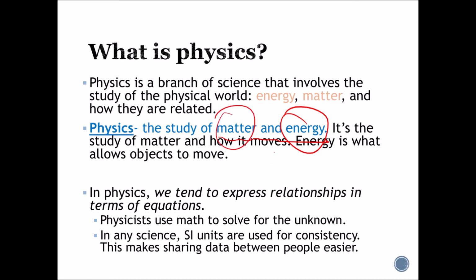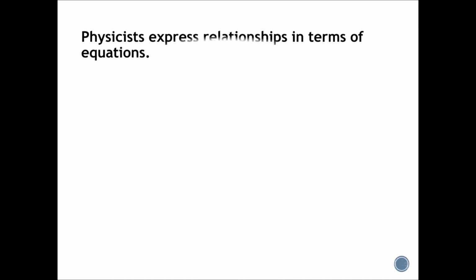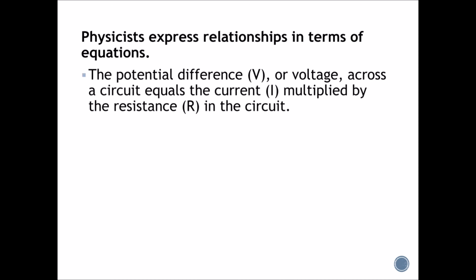So matter and energy. In physics, we express relationships in terms of equations, and we will use math to solve for the unknown. For example, in this course, you'll be given a word problem and you'll be asked to solve for the unknown. Here, the potential difference, symbol V or voltage, across a circuit equals the current, we use symbol I, multiplied by the resistance, symbol R, in the circuit.